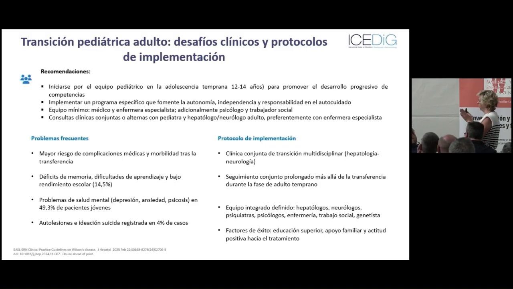Basically, multidisciplinary transition clinics with integrated teams, pathologists, specialized nursing as well, being the bridge, and also looking at all these success factors: higher education, family support, and positive attitudes toward treatment. So the recommendation is to start early, at 12 to 14 years old, and then reach adulthood when a person is able to self-care.